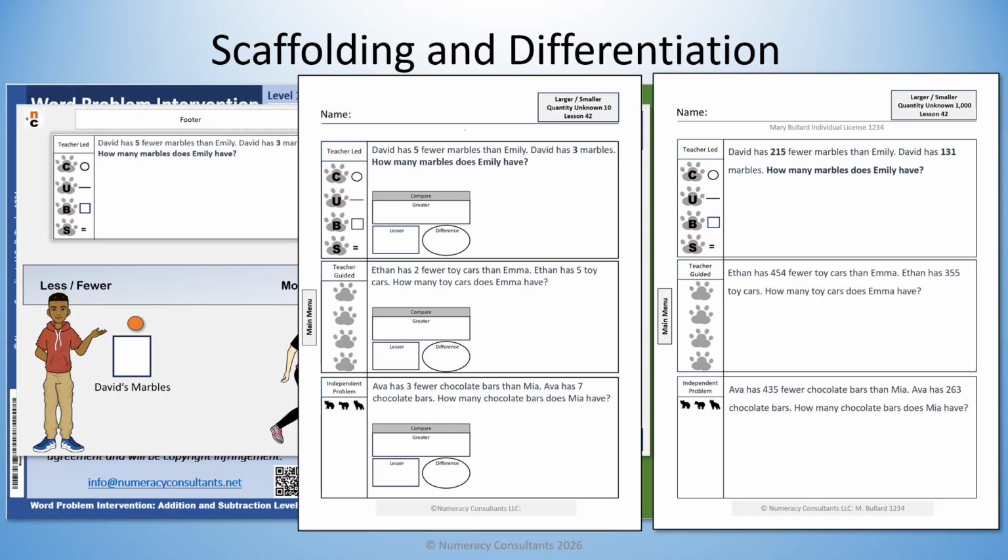So that's how differentiation works, and you could drop it down to up to 10 or up to 20 or up to 100 or up to 1000. That just shows you the power of differentiation within this program, where you can instantly drop something back and work at a lower level. It's the same exact problems, just the numbers have changed. It's a really strong, powerful tool that you can use instantly when your students start to struggle.